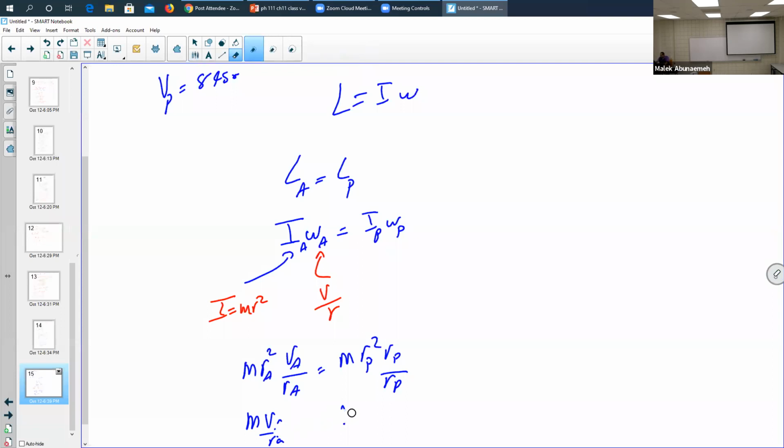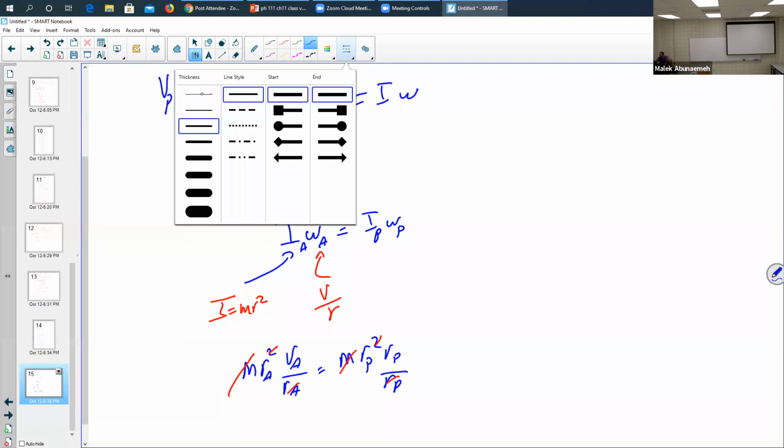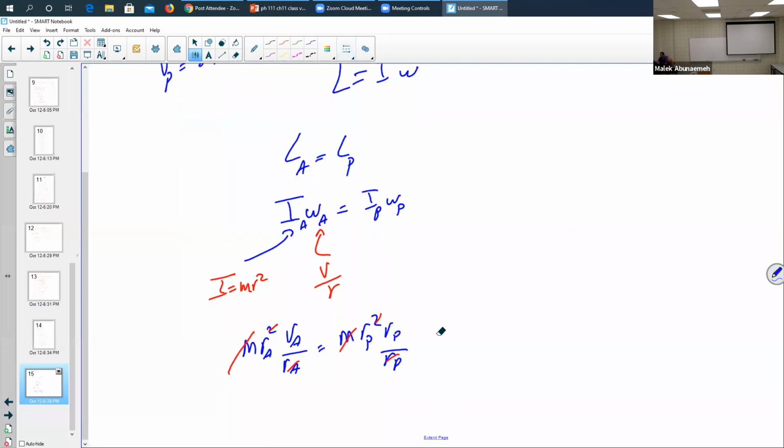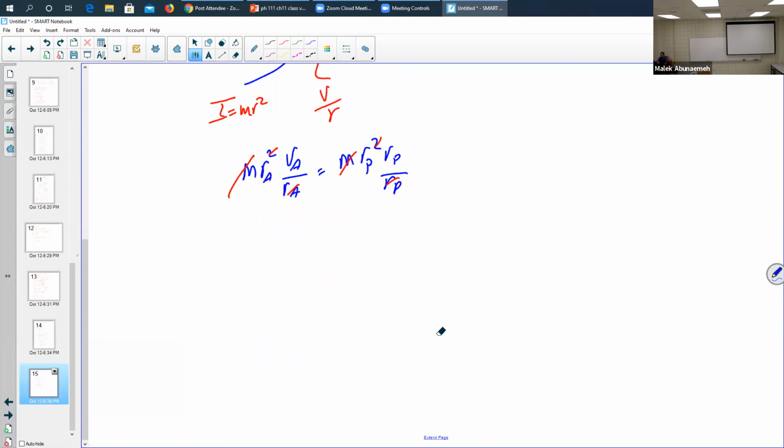Actually, the M's cancel out. That means your masses cancel out, and one of the radii cancel out. So what do we have left? We have RA VA is going to equal RP VP. That means your VA equals RP VP over RA.